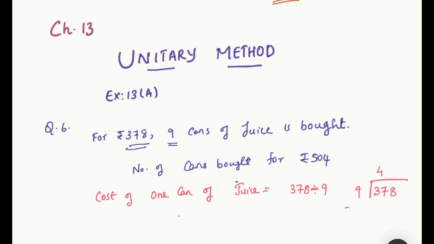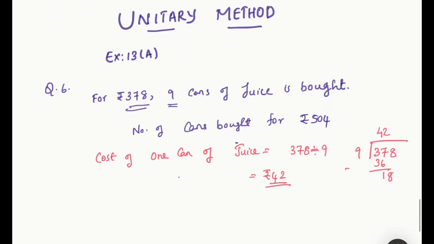36. 9 goes in 36 how many times? 4 times. 9 4s are 36. 1 remains. So 18. So in 18, 9 goes 2 times. So cost of 1 can of juice is rupees 42. Now you need to find out, if you have rupees 504 with you, how many cans of juice can be bought.